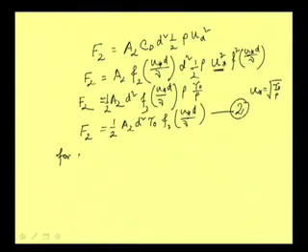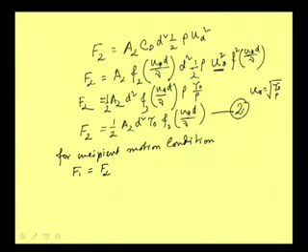So for the incipient motion condition, F1 is equal to F2, and of course when F1 is equal to F2, we are talking about what will be our bed shear stress tau 0.